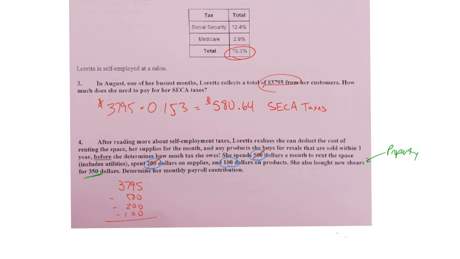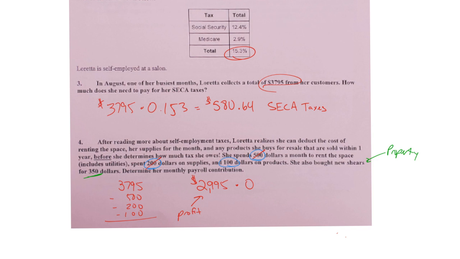That should take her total pay down to $2,995. If you're not sure, you do $3,795 minus $500 minus 200 minus 100, just like I said, $2,995. So her taxable income is $2,995. So that's what I'm going to multiply by. That's her profit.